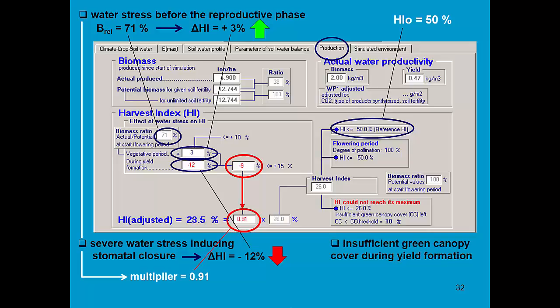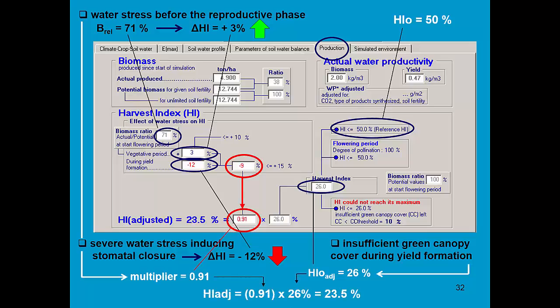However, due to insufficient green canopy cover during the yield formation, the reference harvest index could not reach 50% but was stopped at the moment when it was 26%. So, the final harvest index is the reference harvest index, which was reduced to 26%, times the multiplier, which is 0.91. This results in a harvest index of 23.5%.